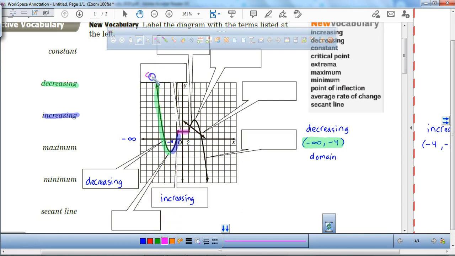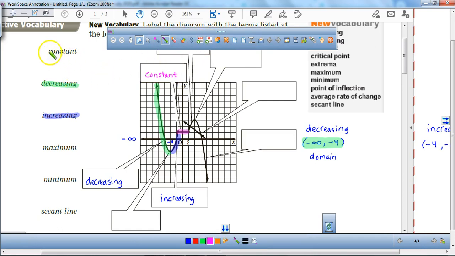It reminds me of those constant functions where it says f of x equals 2 or f of x equals 5. It's just a horizontal line. This would be f of x equals about, if these are going by 2's, maybe 2.2 or so. So that's constant.